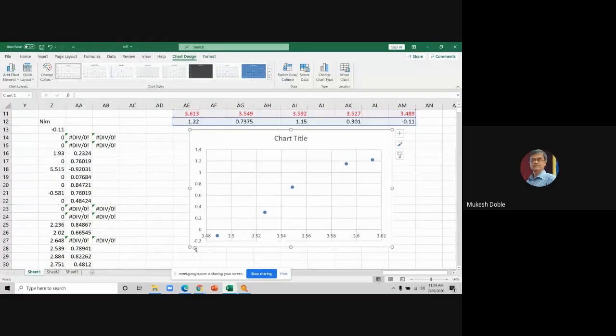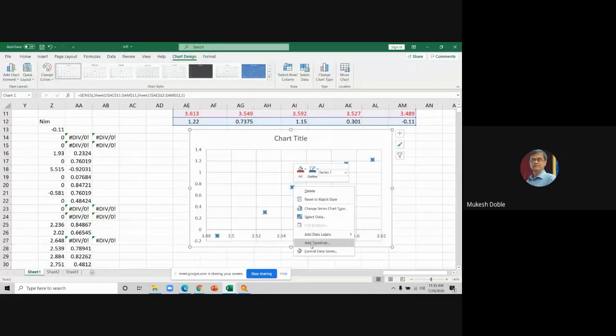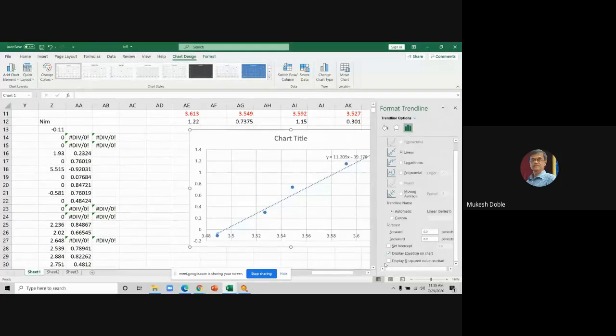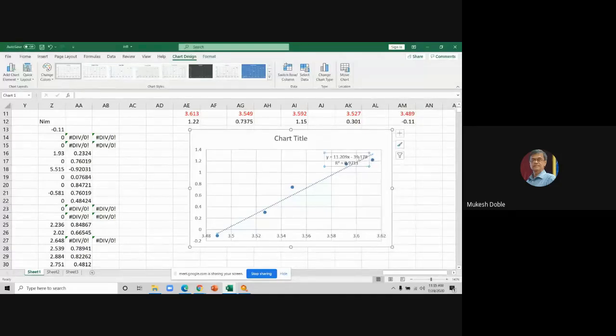So you can see as the descriptor is increasing, activity is also increasing. 0.98 is a fantastic thing to have. Trend line. So for these 5 data points, we got a one descriptor model.